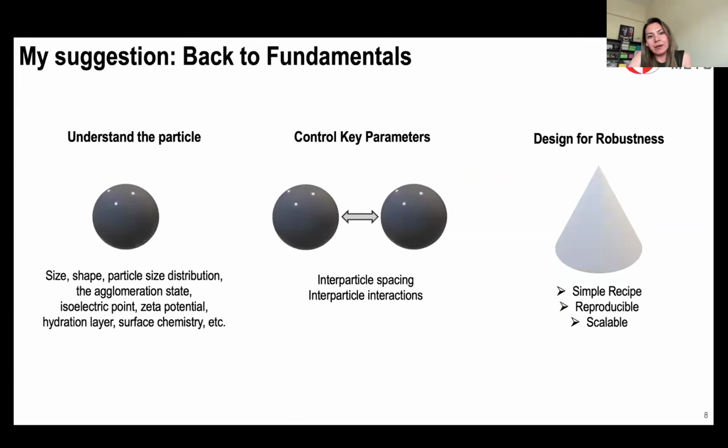So what I think is that we really first need to understand the particles, their physical, electrochemical and chemical properties, and then we need to determine the target solid loading, so we would know how much interparticle space we have and how much we can control the interparticle interactions, and only then can we generate simple recipes that are reproducible and scalable.